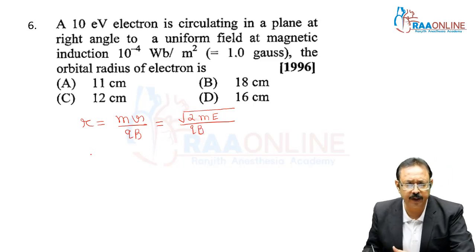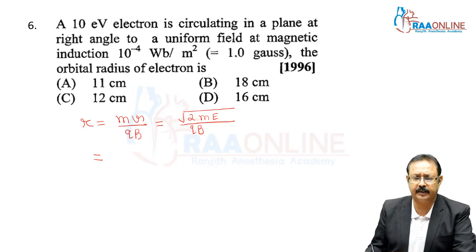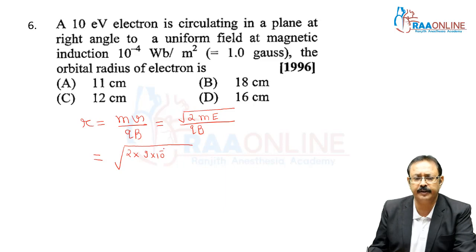So now we are going to solve in SI units. Mass of electron is 9.1 into 10 to the power minus 31 kg. Energy is 10 electron volt, and I am converting it into joule.